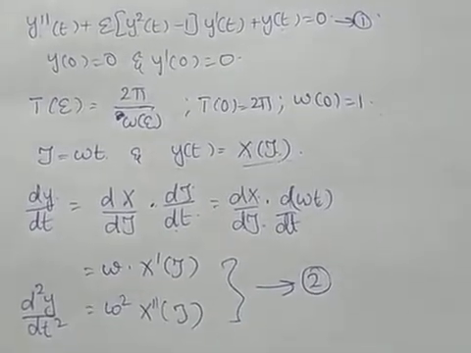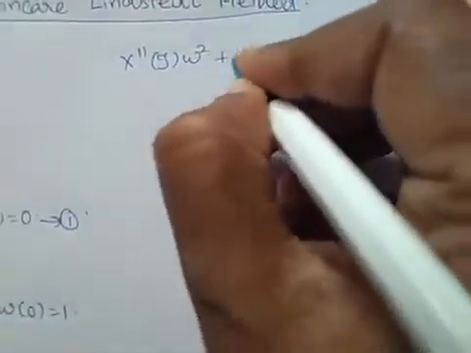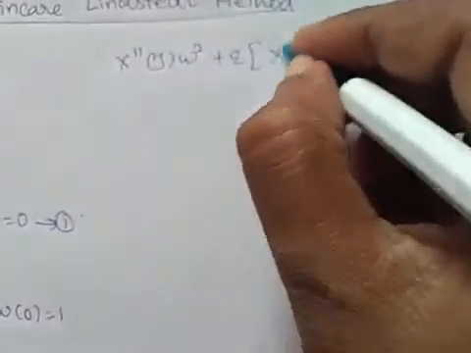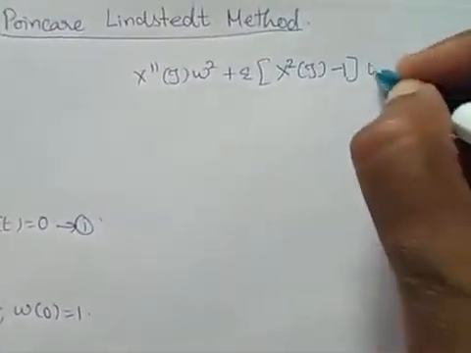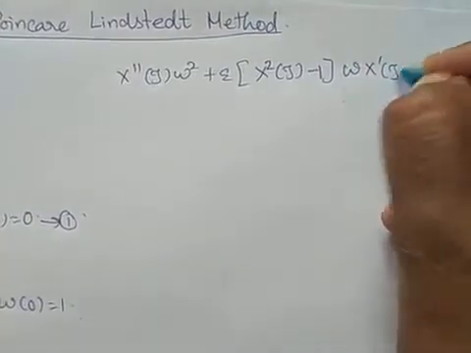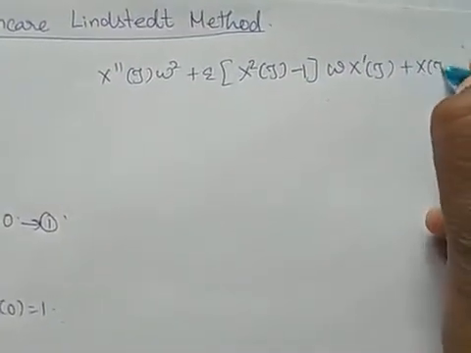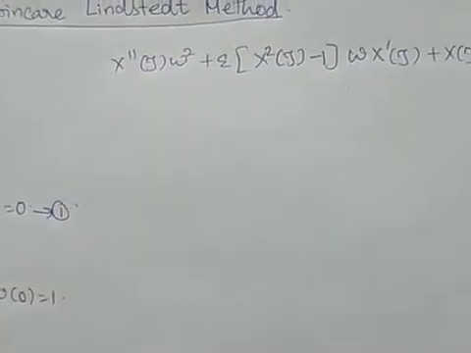So our equation reduces to omega square x double dash of tau plus epsilon into x square of tau minus 1 into omega into x dash of tau plus x of tau equal to 0.